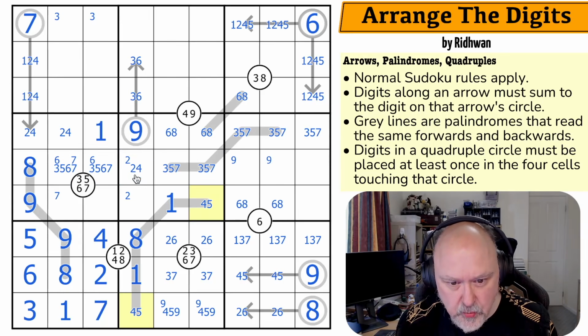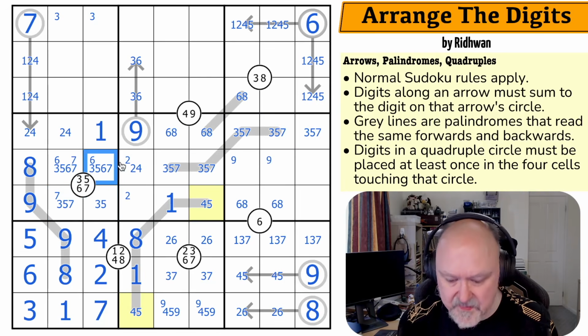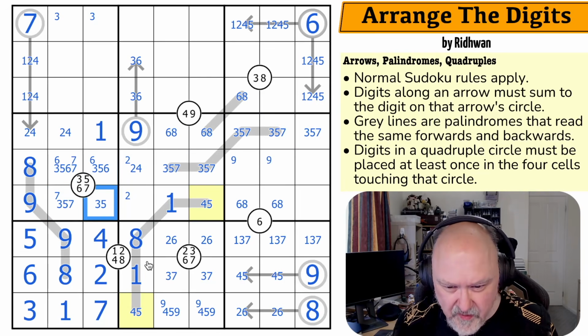That's only 2 or 4. What about this digit? This one is not as restricted. In fact, those two digits are down here. They're the 3, 5, 7 that are on here. So these are from 3, 5, 7, and that one can't be a 7, and that one can't be a 7. So that's only a 3 or a 5.